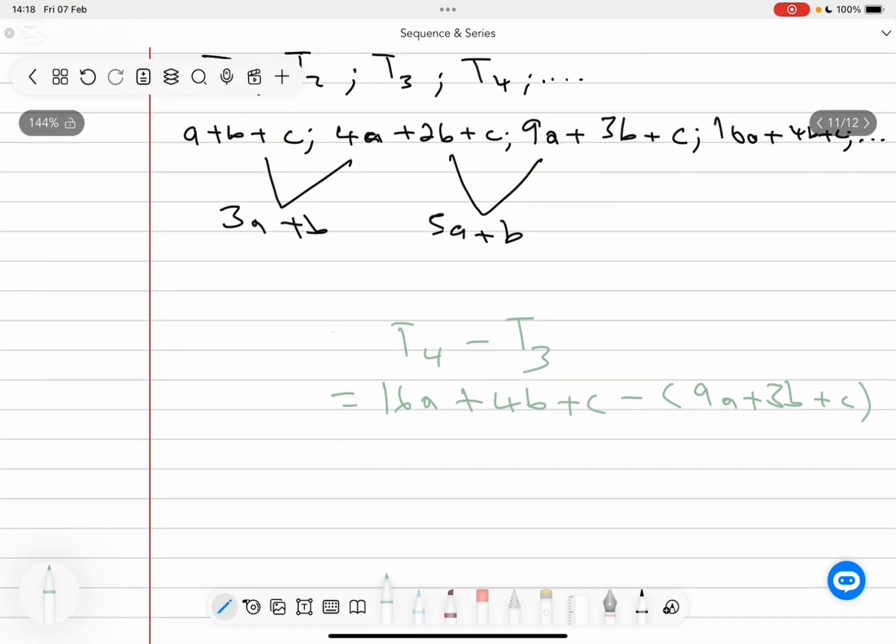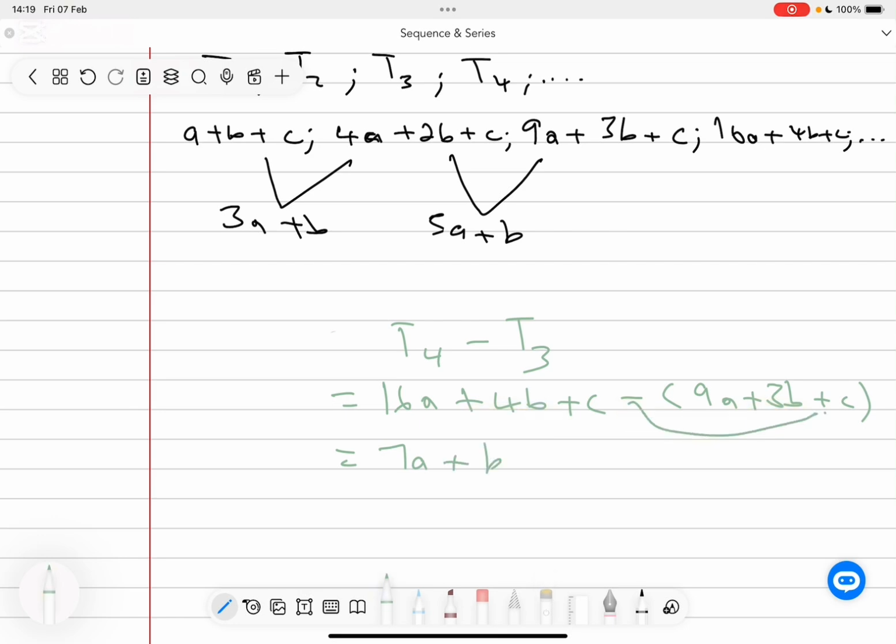And we can see at this stage that here we're going to have a negative 9. So we're going to have 16 minus this 9, so that it gives me here 7a. And we're going to have a negative 3b here, and so that means we're going to say 4b minus 3b, I mean, that should be b.